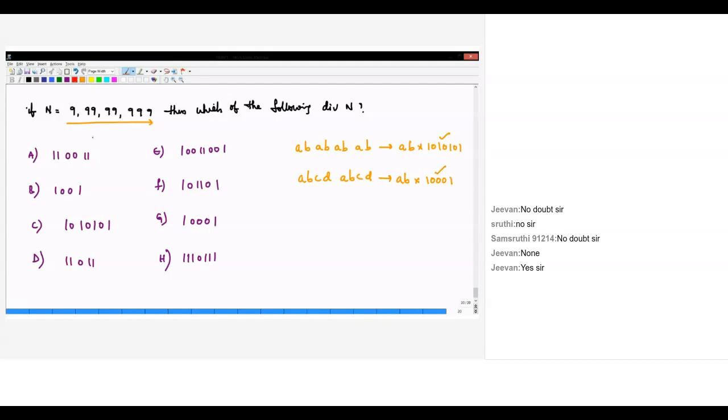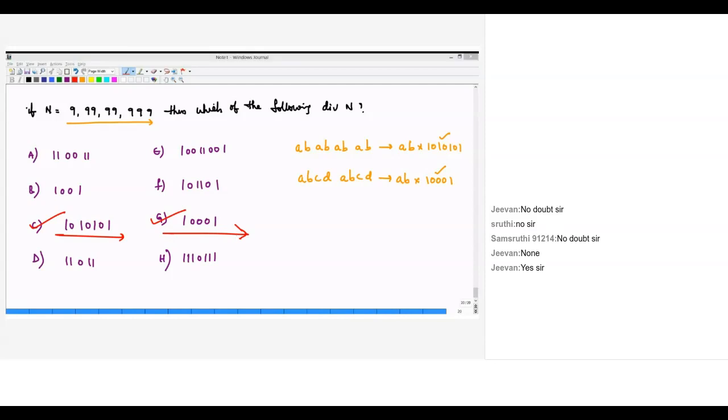You can say 4 ones are there, or just 2 ones. So your answers are C and G. You can't say anything about A, B, D, E, F, H. I hope that's clear.